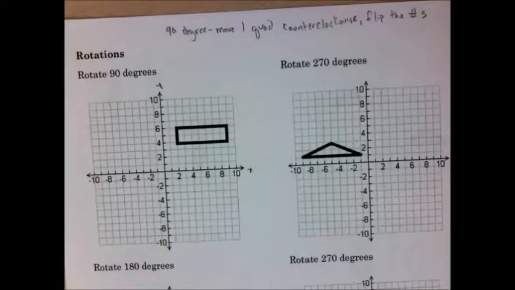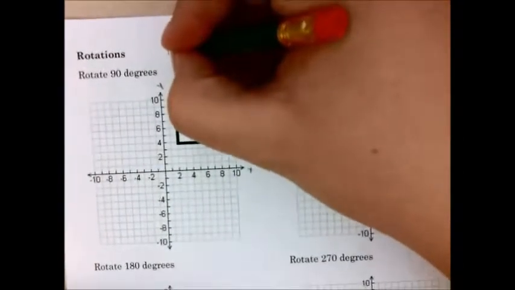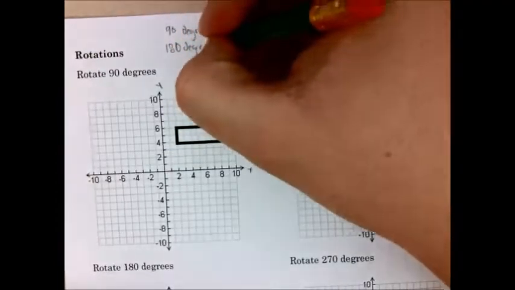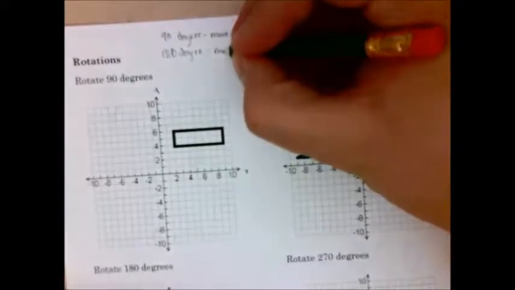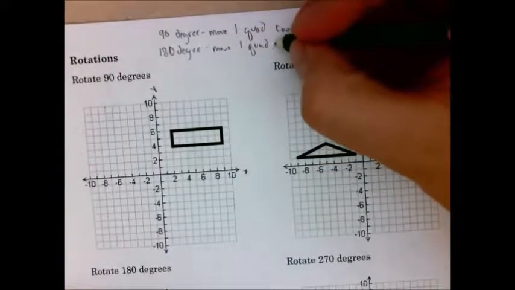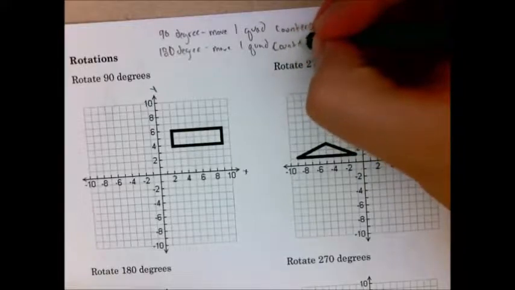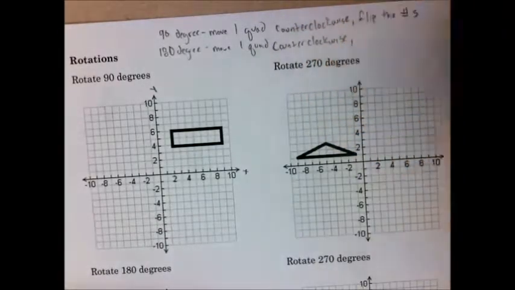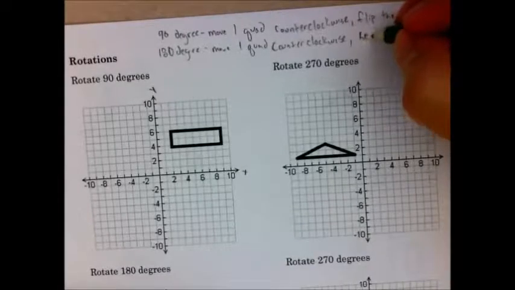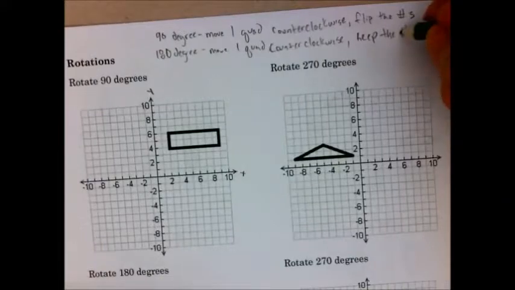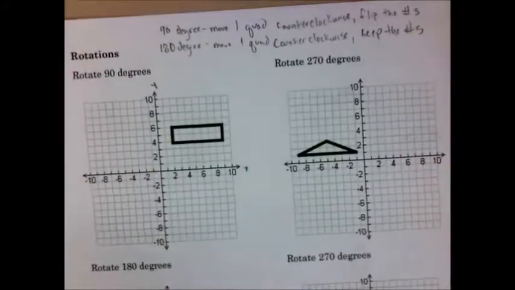For a 180-degree rotation, we move one quadrant counterclockwise. Keep the numbers the same. Keep the numbers, okay?